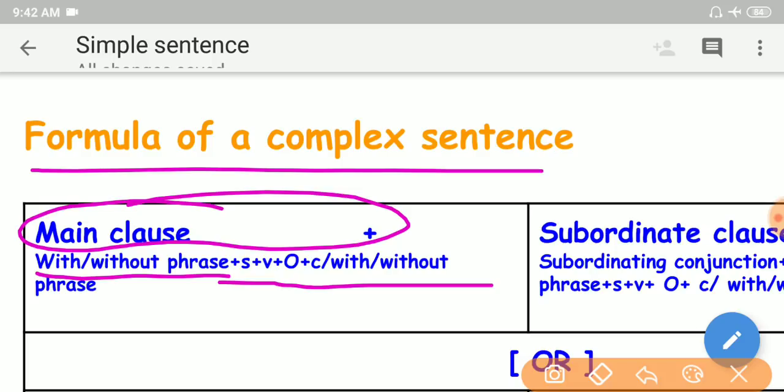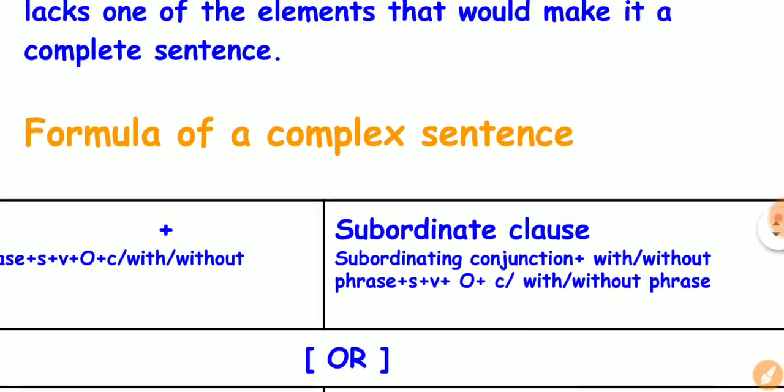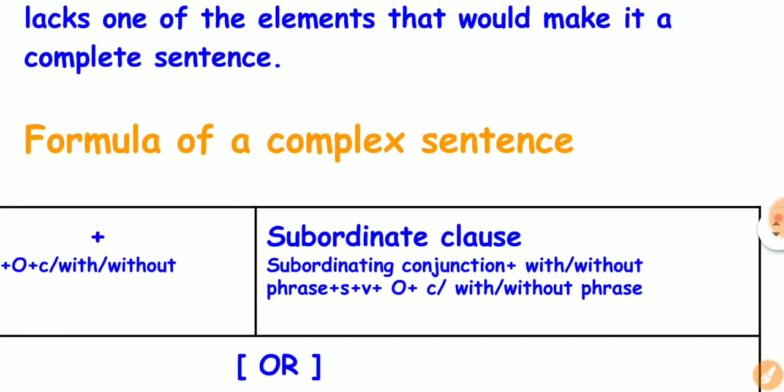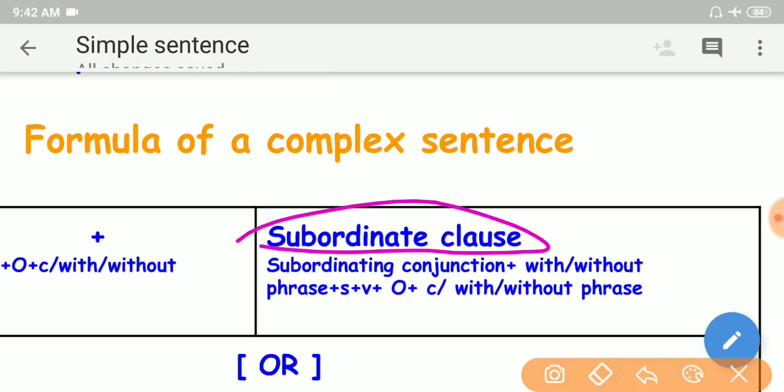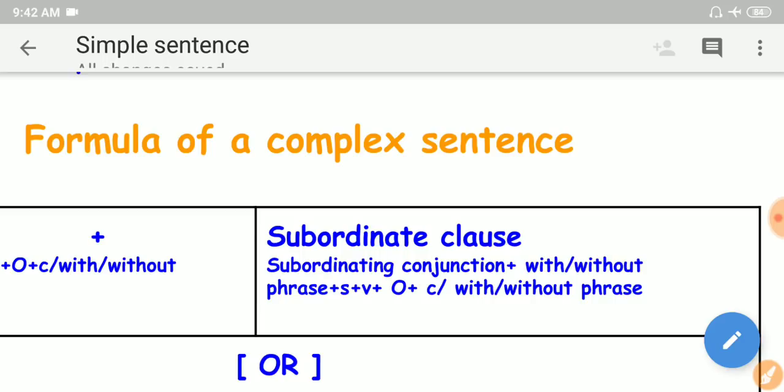At the same time it should be joined with a subordinate clause. So what is a subordinate clause? A subordinate clause must always begin with a subordinate conjunction. Then it has almost all the same as an independent clause, that is with or without phrase, subject, verb, object, complement, with or without phrase. This is the formula of a complex sentence.